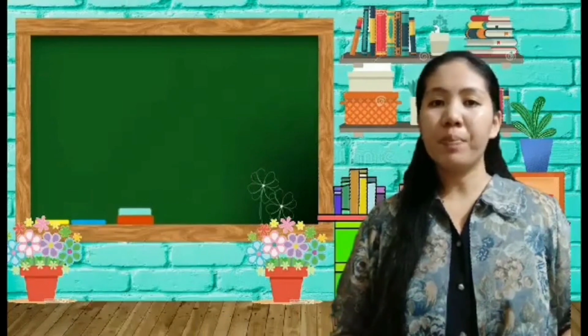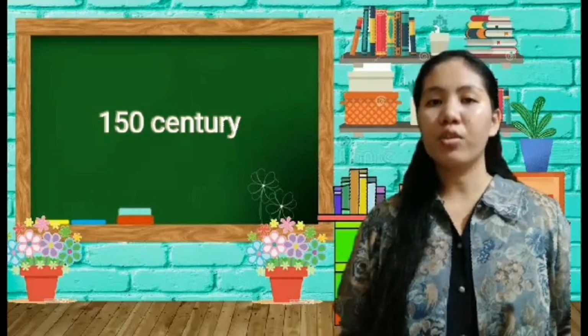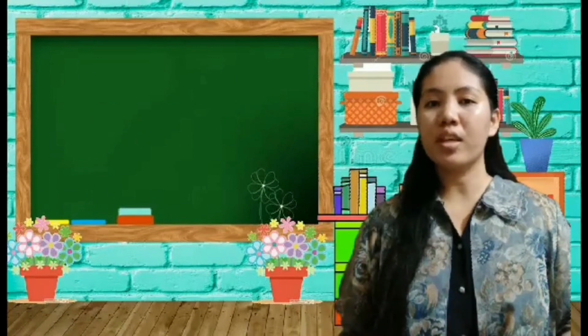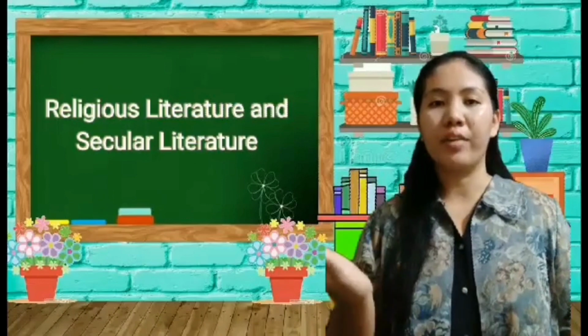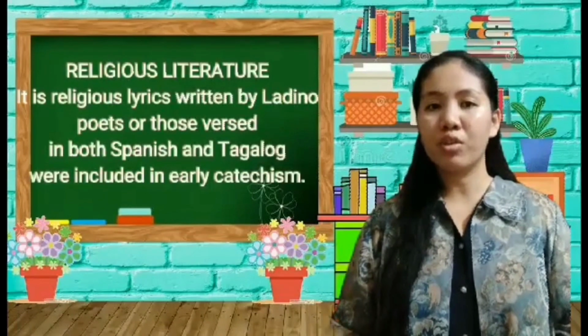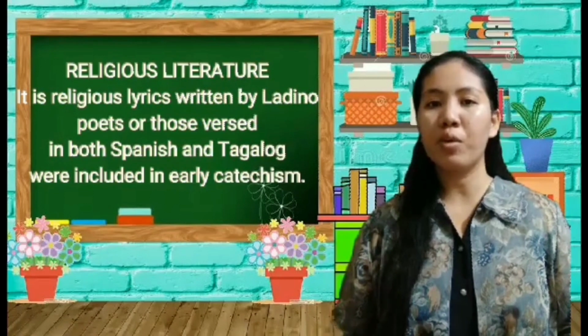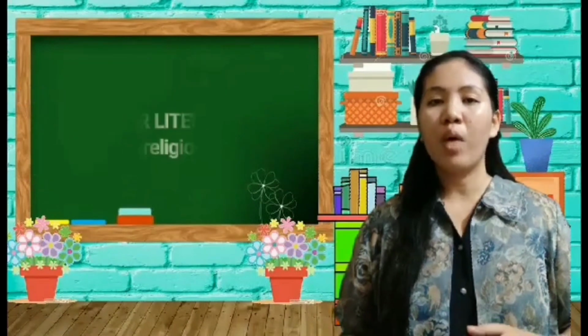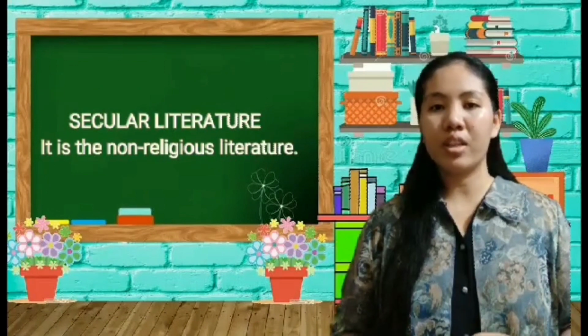The Spanish colonization period has two distinct classifications, the religious and the secular. Religious literature involves religious lyrics written by Ladino poets, or those verses in both Spanish and Tagalog included in early catechism. Secular literature is the non-religious literature.